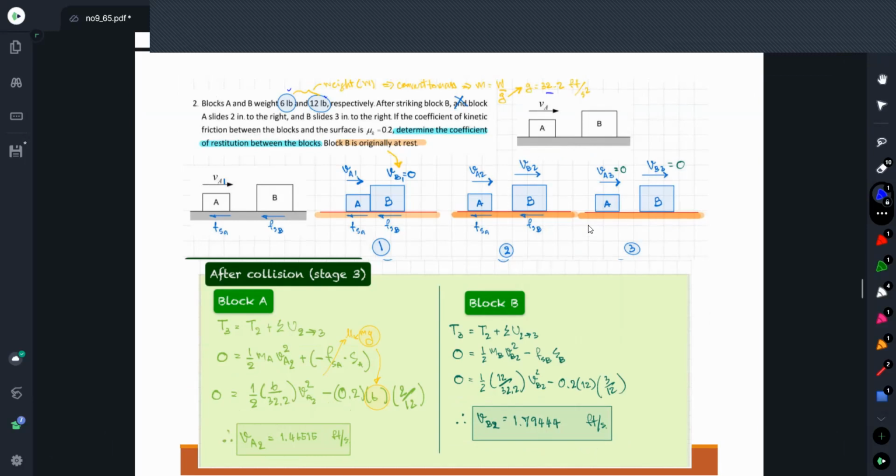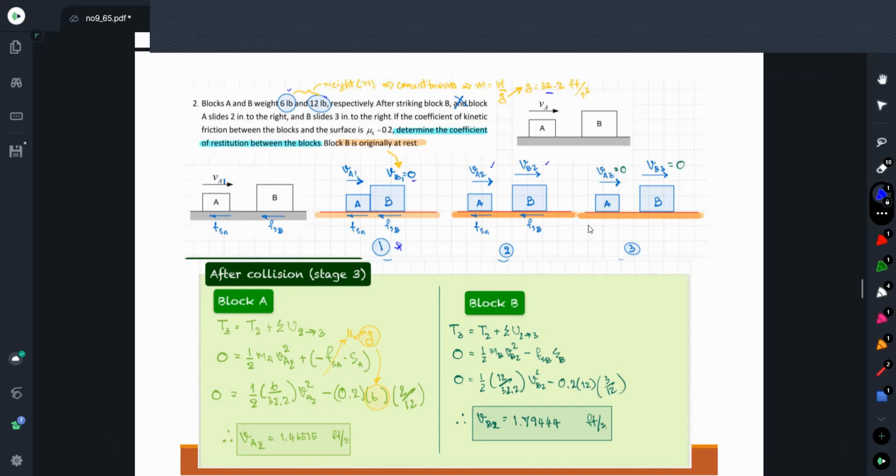At the first step, just before impact, block A is moving to hit block B. We don't know the velocity of block A now, and block B we know because it is at rest. After impact, we assume that they do not go together, and we have v_A2 and v_B2.